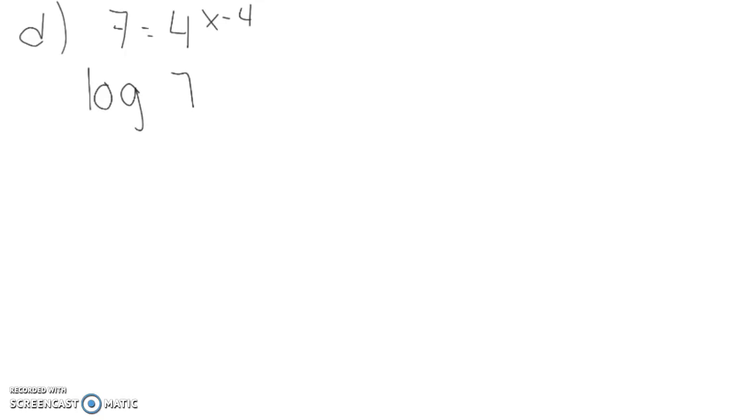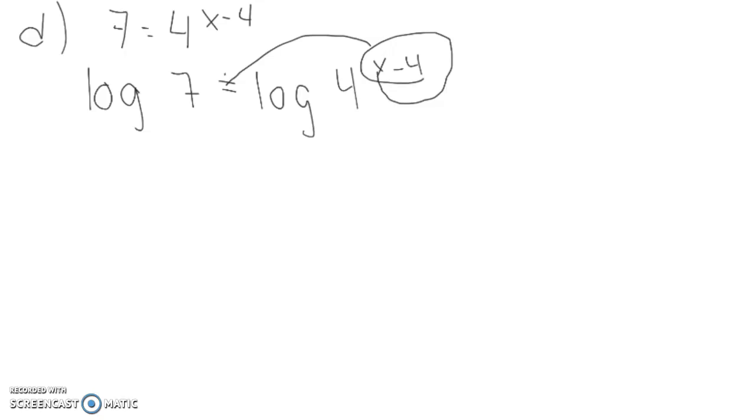So log of 7, and remember that's base 10, it's your common log, equals log of 4 to the power of x minus 4. Now, your power property says you can bring that out front.